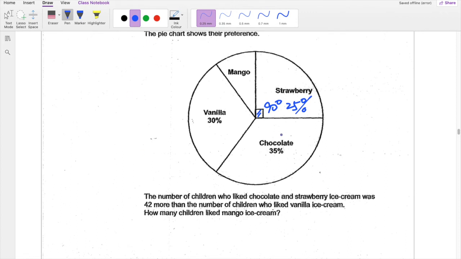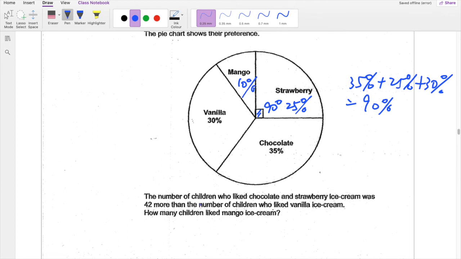So from here we know that chocolate is 35%, strawberry is 25%, vanilla is 30%. Then how about the mango? We add them up, 35% plus 25% plus 30%, so in total it is 90%, right? Then this one should be 10%.